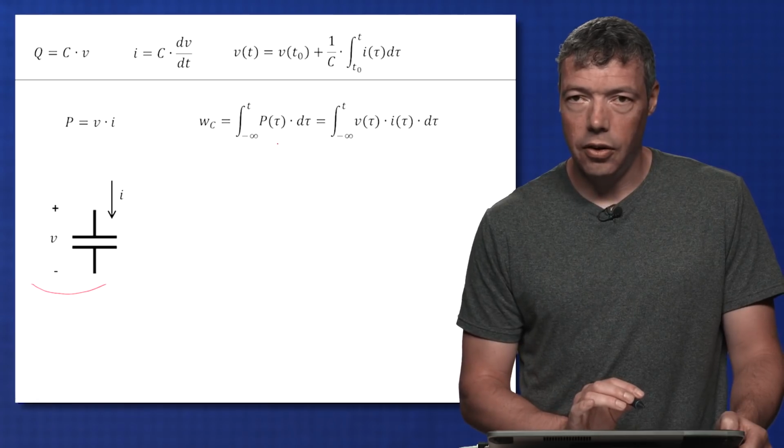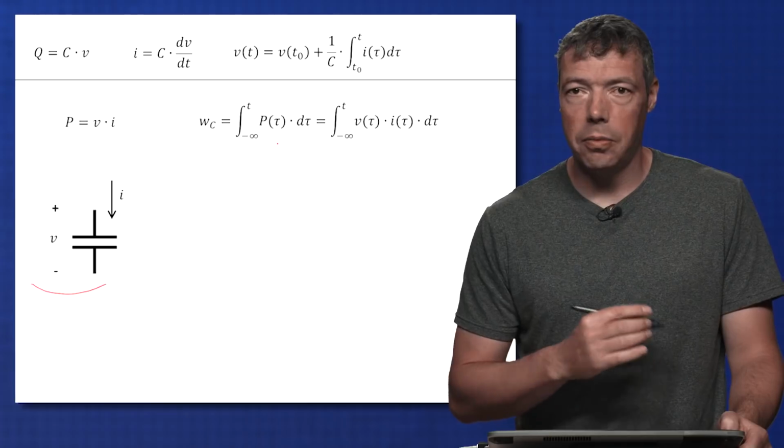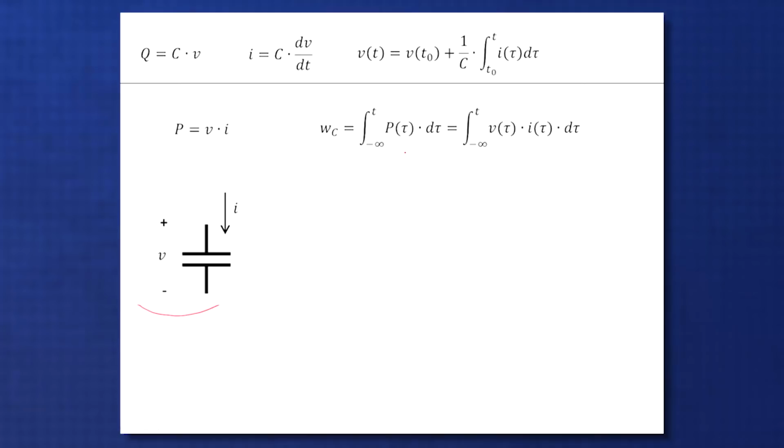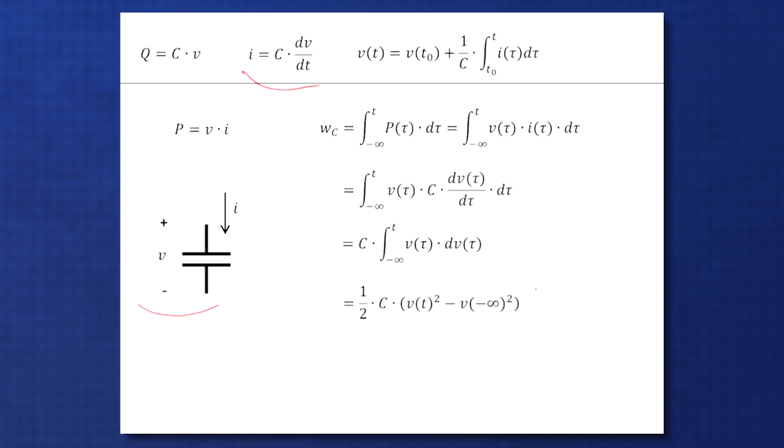So the total energy of my capacitor is just the integral of how much power it received over time. I plug in power is V times I, and then I can use this equation, simplify, and I get the following expression. And I'm going to assume that at time t equal to minus infinity, my capacitor is discharged.